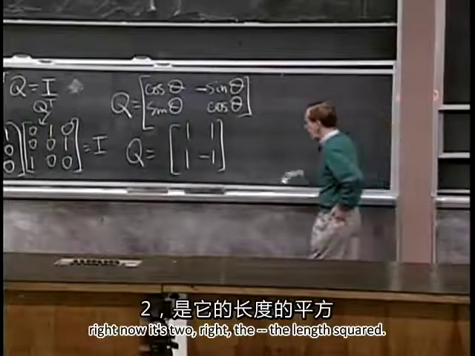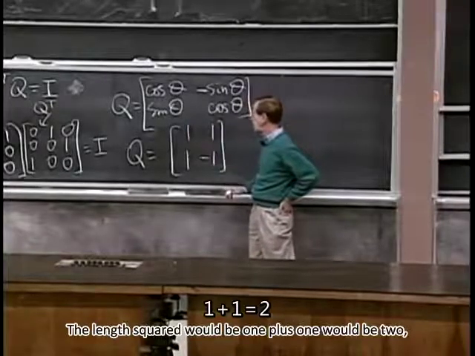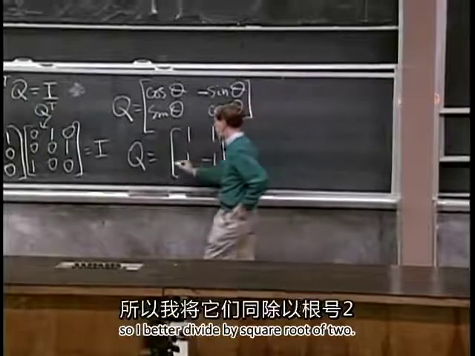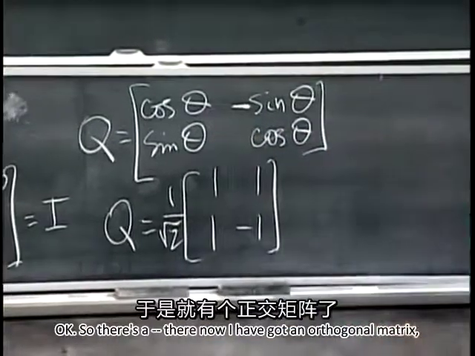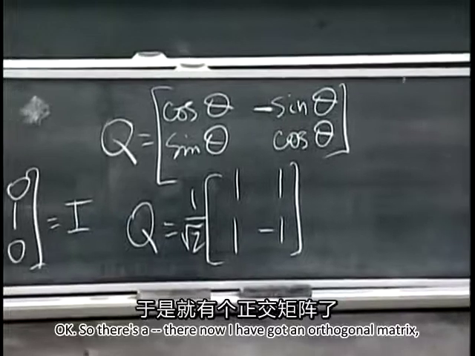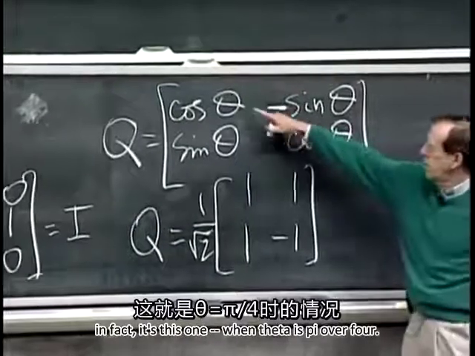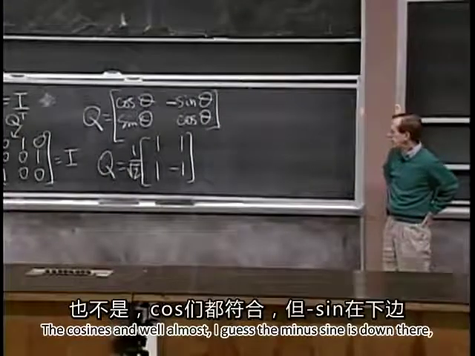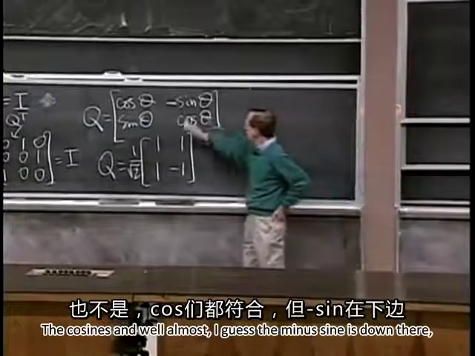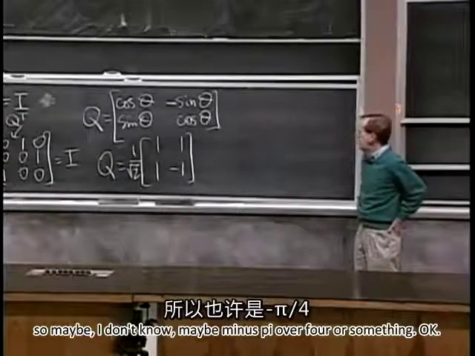The length squared would be 1 plus 1, which is 2. The length would be square root of 2, so I better divide by square root of 2. Okay. So now I have an orthogonal matrix. In fact, it's this one when theta is pi over 4. The cosines and sines, well, almost. I guess the minus sign is down there. So maybe minus pi over 4 or something.